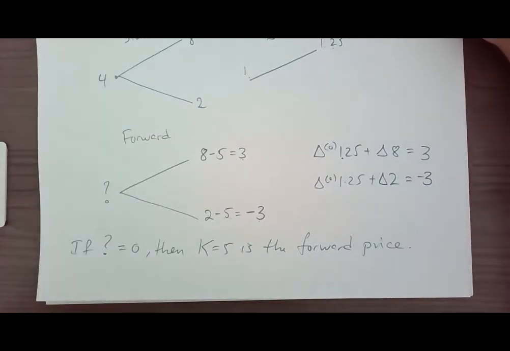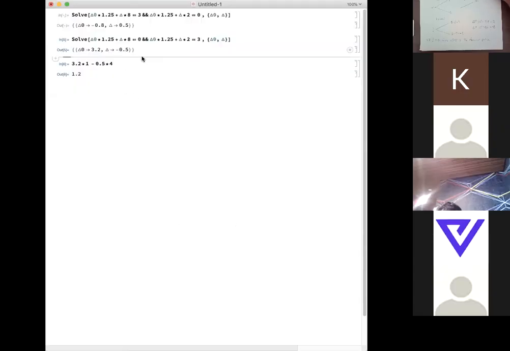Okay, I go back to my Mathematica code. Instead of a 0 here, I want to put a 3. Instead of a 3 here, I want to put a minus 3. And I solve. It's going to give me delta naught is minus 4, and it's going to give me delta equal to 1. So then I figure out what the price is.